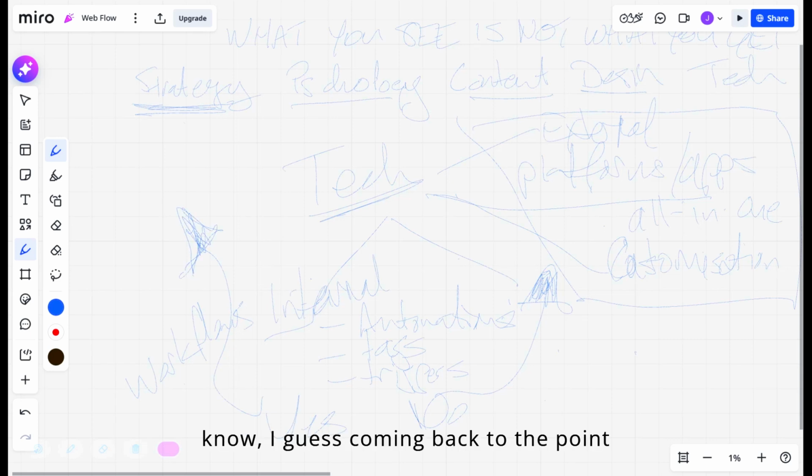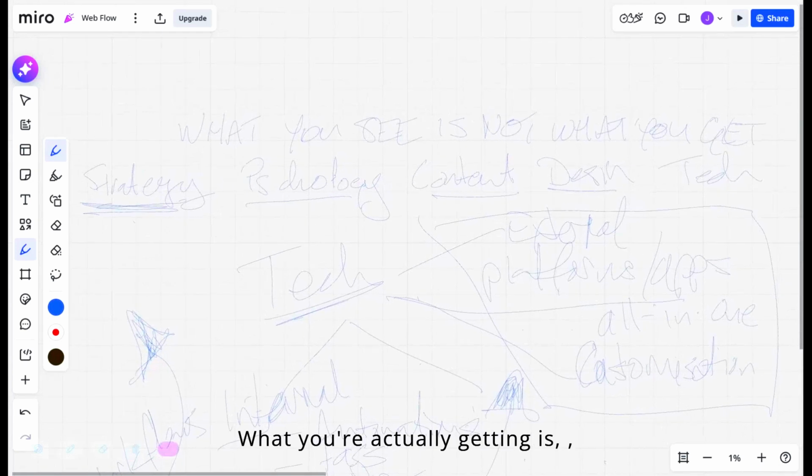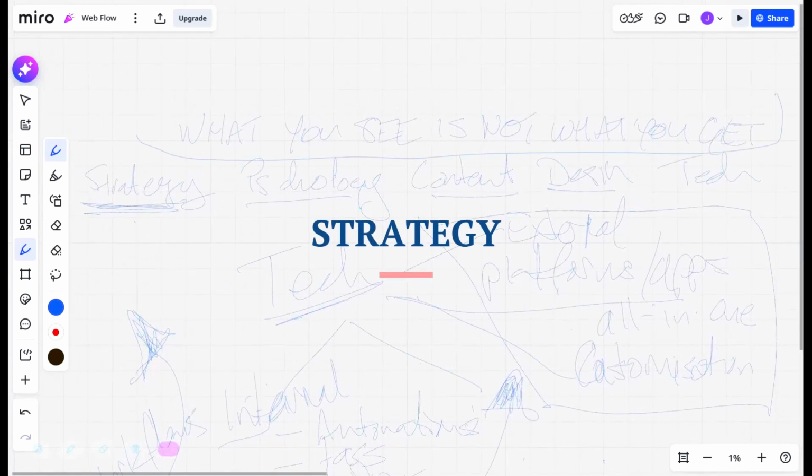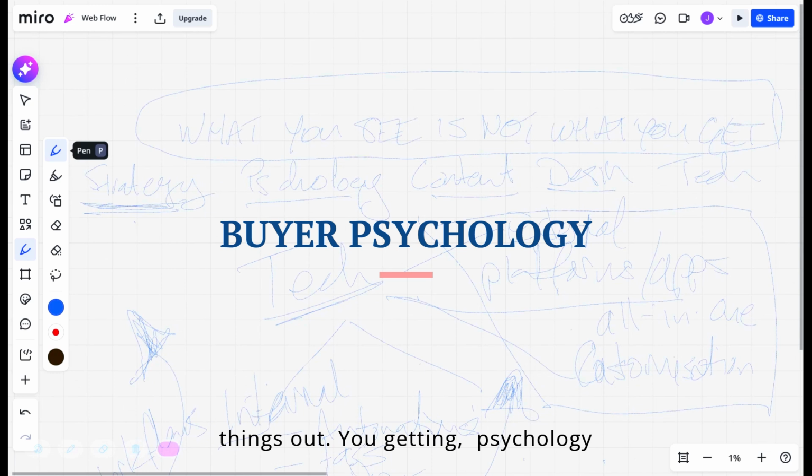But coming back to the point I'm making, what you actually see on the surface is not what you're actually getting. What you're getting is a full-blown strategy, so you know exactly how to map things out. You're getting psychology built into funnels.